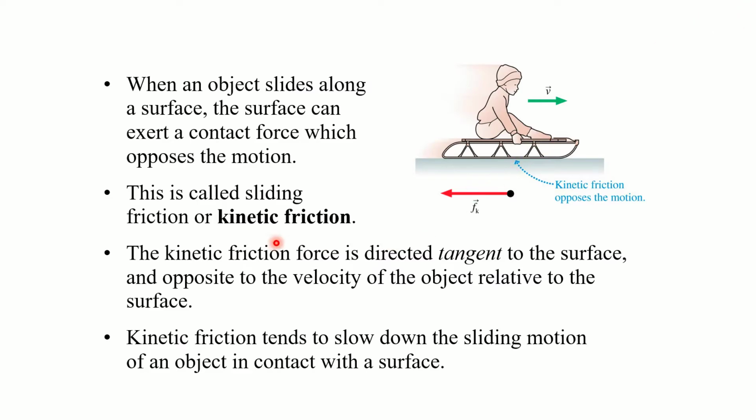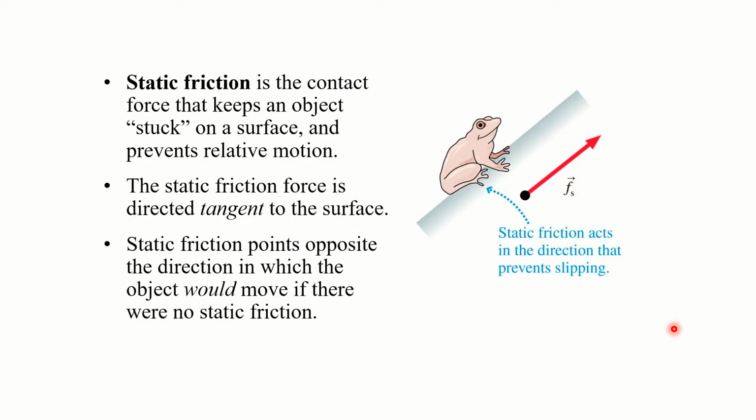Kinetic friction is when the two objects are moving relative to each other, those two surfaces, and the friction is in the direction that's going to try and stop that motion. And it's always parallel to the surface of the object causing the friction.